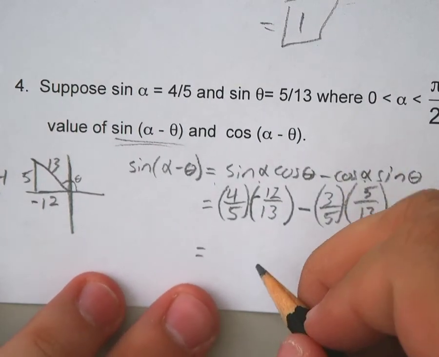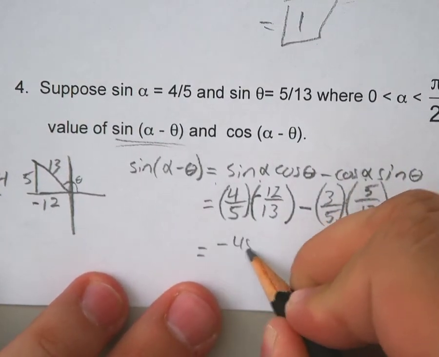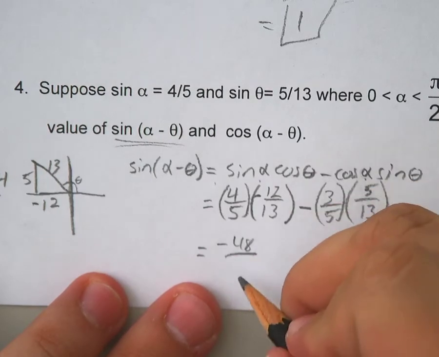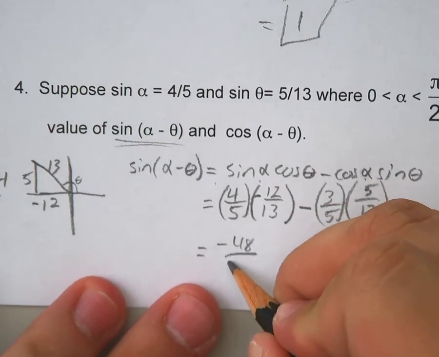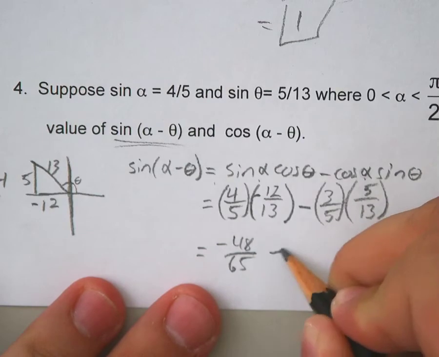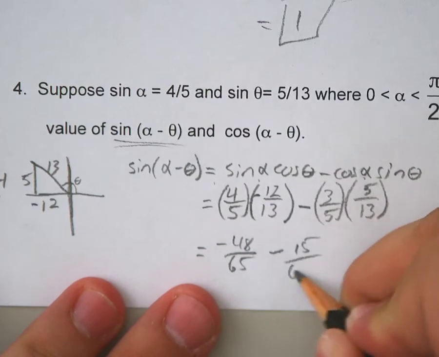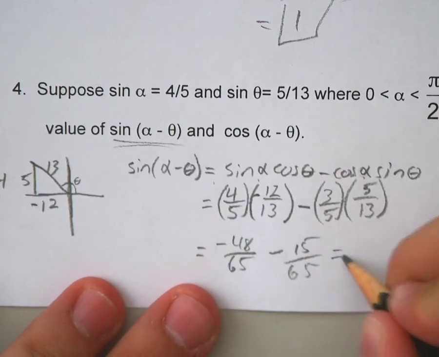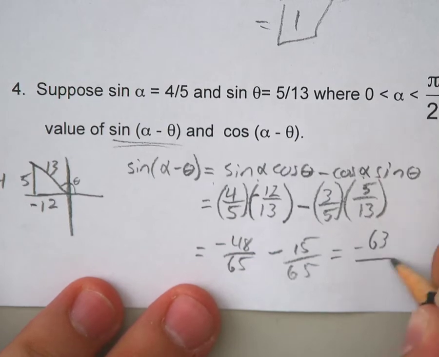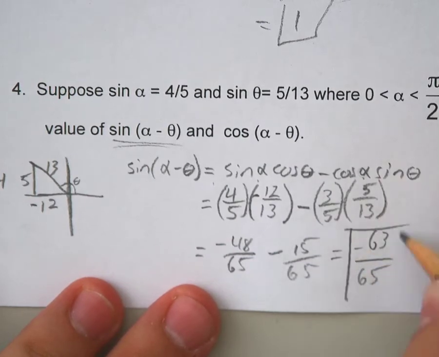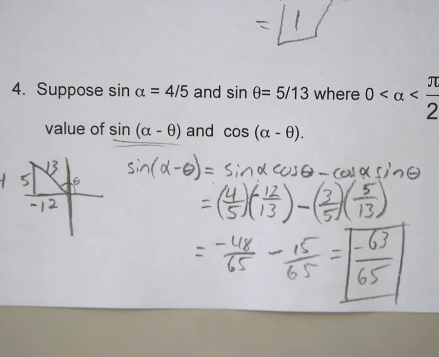Lots to keep up with. -48 over 5 and 13 is 65. Minus 15 over 65, which is -63 over 65. That's finding sine of alpha minus theta.